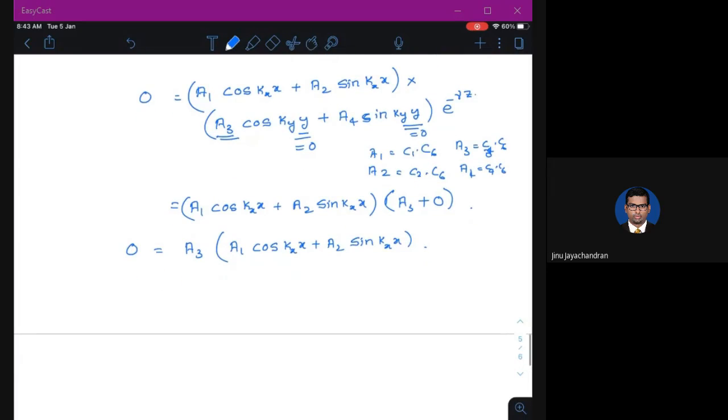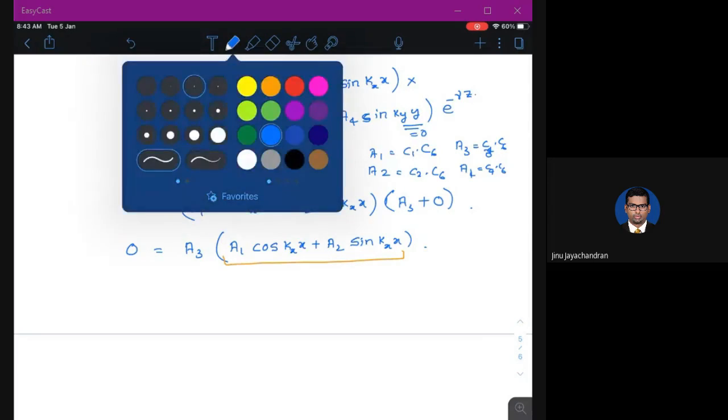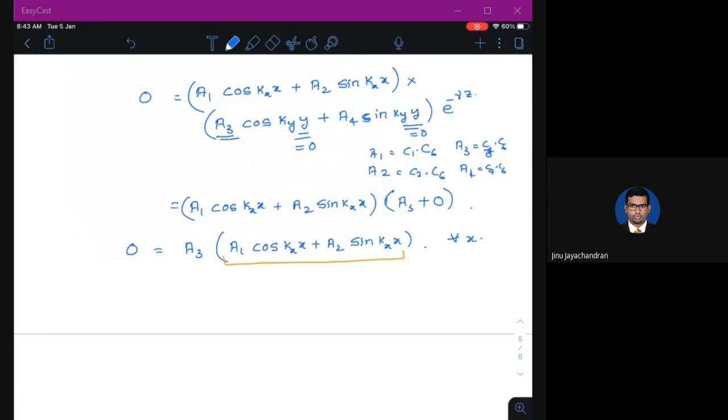Now you see that this part is actually a sum of cos and sine terms. Now, the sum of these terms cannot be 0 for all x. Let me write that also for you. For all x. That means at this boundary condition, whatever be the value of x, you should have the left hand side equal to 0, which cannot be possible with this term.